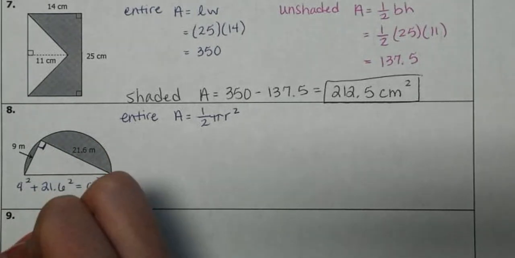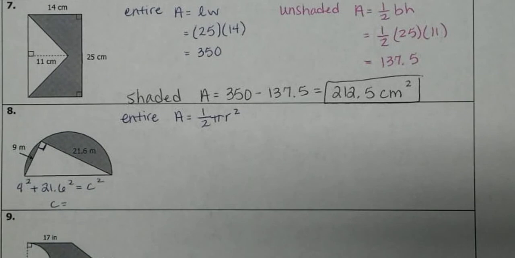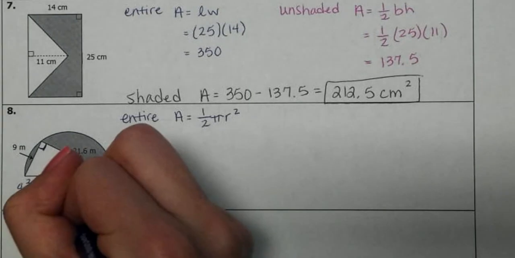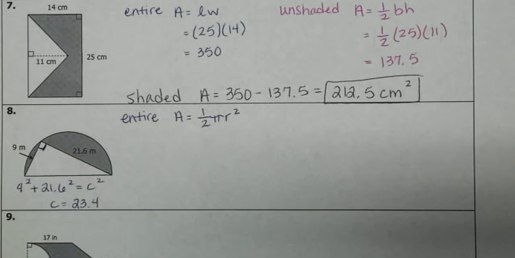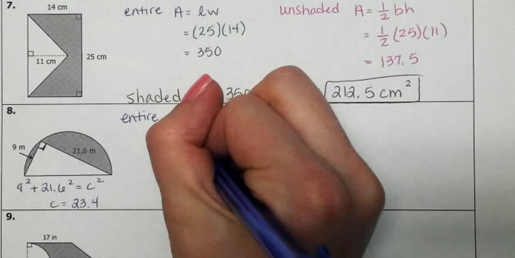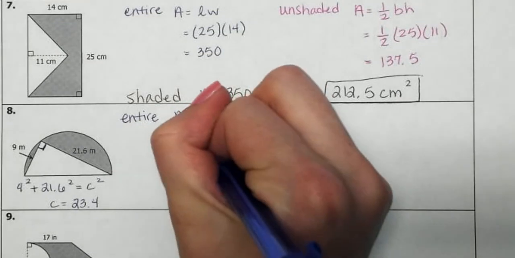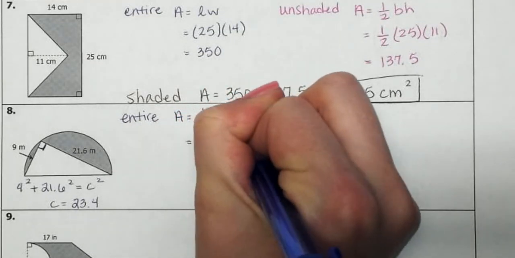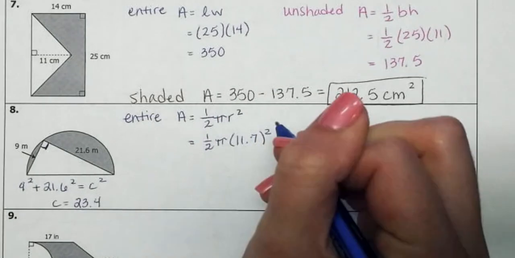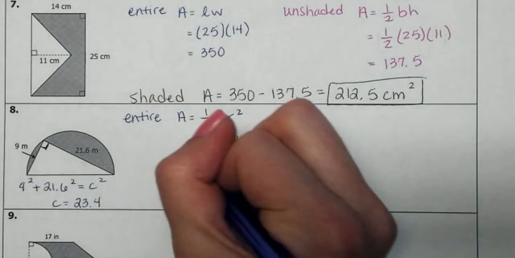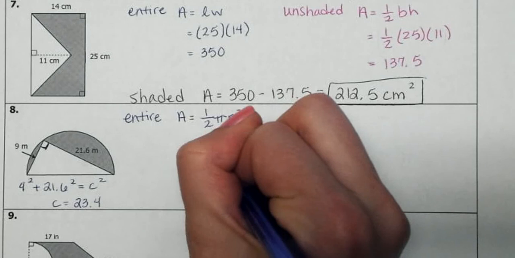I want you to find c on your own. 9 squared plus 21.6 squared, and then you're going to take the square root. Now that is your diameter, so you have to divide it by 2. So your radius should be 11.7. If you plug that in, you'll get 215.03.